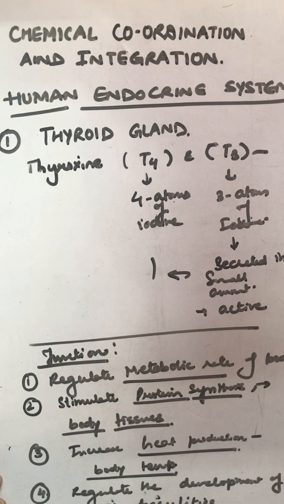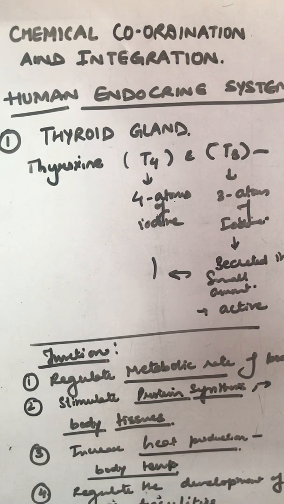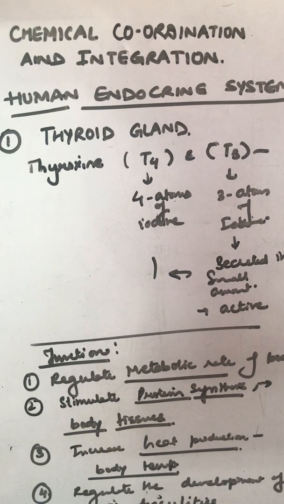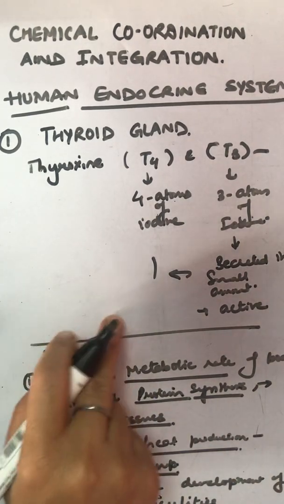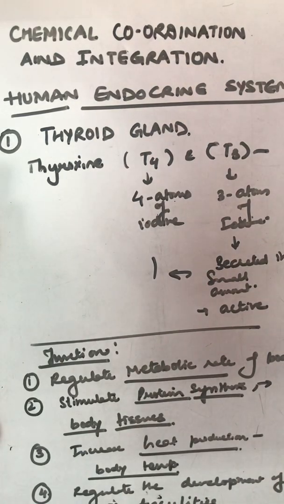Acetylcholine, so here I am writing adrenaline and noradrenaline. They are active due to this thyroid gland or the thyroid hormones.